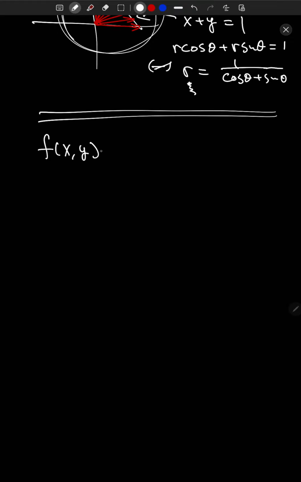Let's say you want to find the volume inside a cone or something like that. Or remember our ice cream cone problem, right? We wanted the volume underneath a sphere, but above a cone.